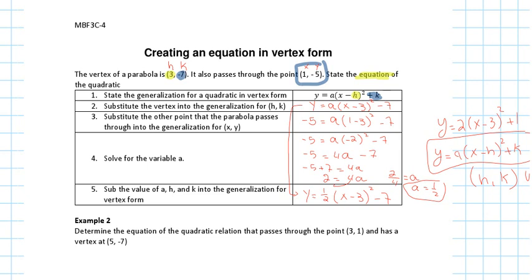Okay, so what we did here is we used the given information to find the equation. You see I found the equation in vertex form. I know that the vertex is 3 and -7. I put the vertex in first. Then I use the other point, which is the x and y, to find the A value.